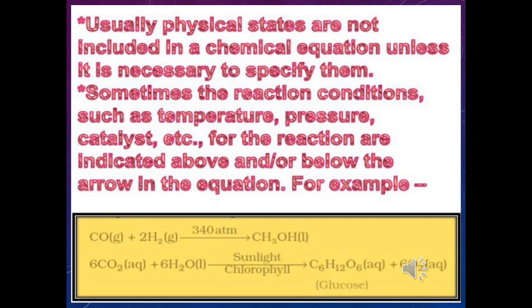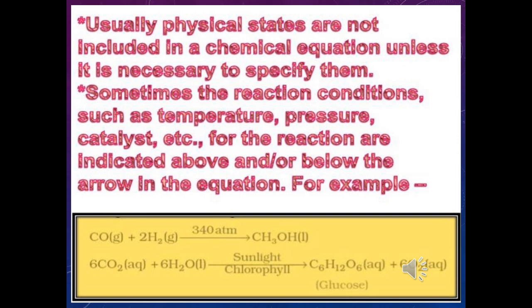Usually physical states are not included in a chemical equation unless it is necessary to specify them. Sometimes the reaction conditions such as temperature, pressure, catalyst, etc. for the reaction are indicated above and or below the arrow in the equation.